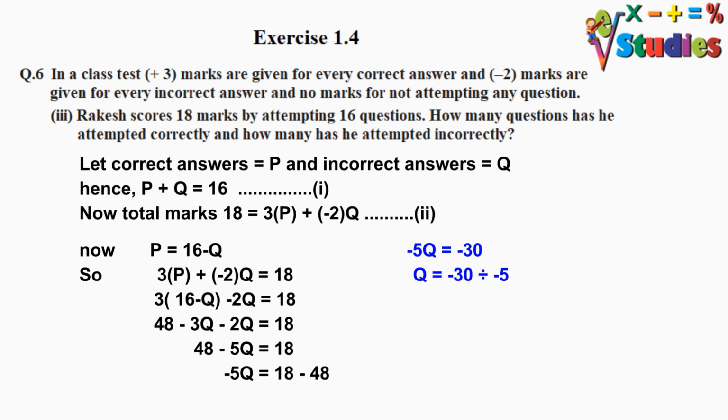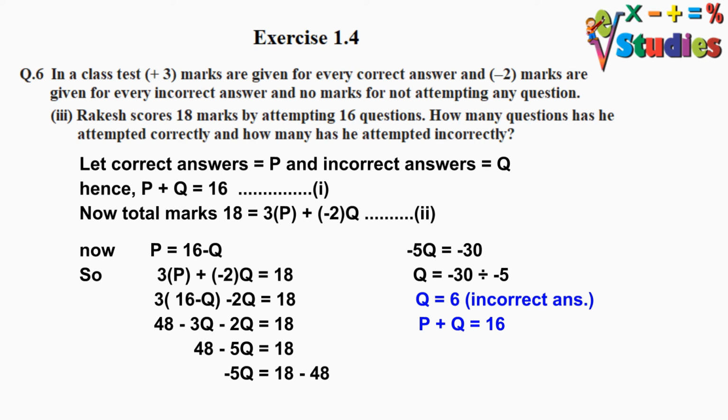Leaving Q on the left, we take -5 to the right hand side. Because it is in multiplication with Q, it will go in division on the right hand side. So -30 divided by -5 gives us +6. So Q is equal to +6.